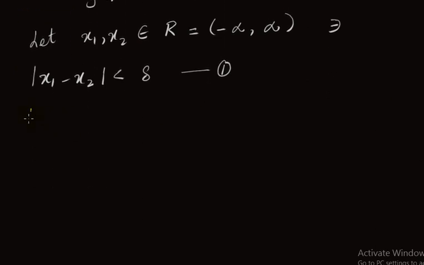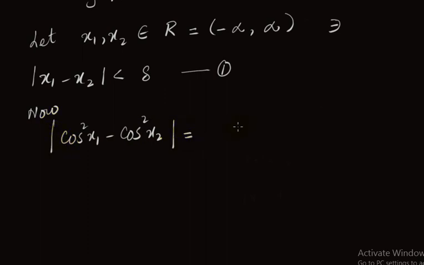Now f of x is cos square of x1, so we have cos square of x1 minus cos square of x2 whole mod.